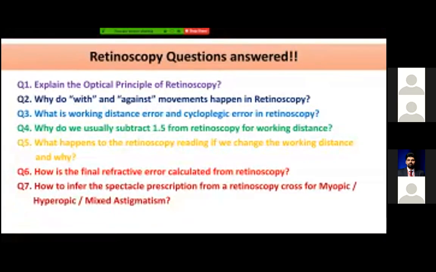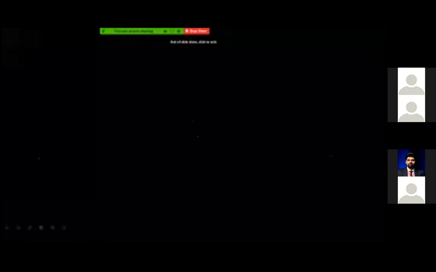We have understood the optical principle of retinoscopy, why with and against motions happen, the concept of working distance error and cycloplegic error, why we subtract 1.5, what happens if we change the retinoscopy working distance and why, how the final refractive error is calculated, and how to infer the spectacle prescription from the retinoscopy cross for myopic, hyperopic, and mixed astigmatism. So that completes objective refraction.